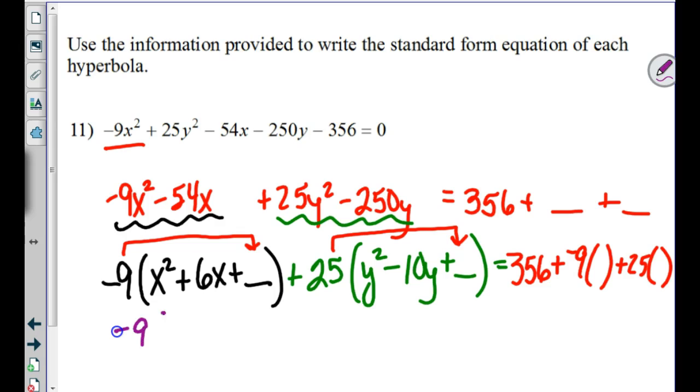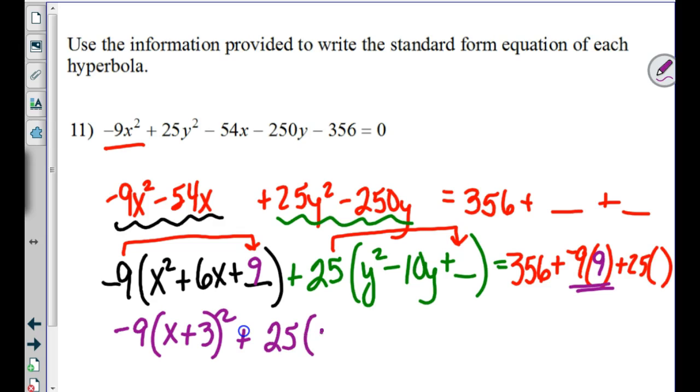I have -9, x, what? Plus 3 squared. 3 squared is 9. So this is actually -9 times 9, or -81 right there. Then I have plus 25. Y minus, when it's minus 10, it's still half, it's -5.